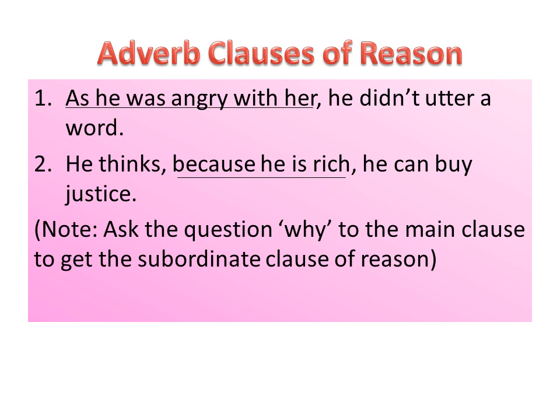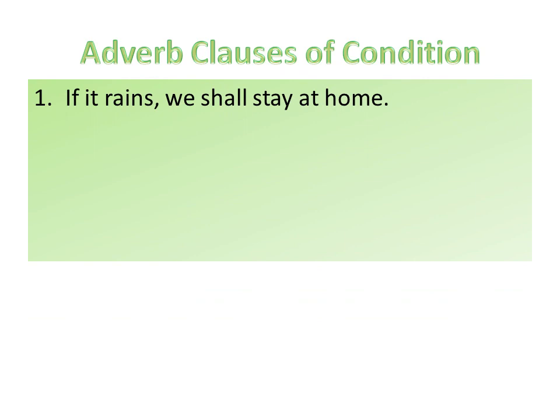Now let's take the next type, adverb clause of condition. If it rains, we shall stay at home. Which part makes complete meaning? Yes, correct. We shall stay at home makes complete meaning. So it is the main clause. On what condition we shall stay home?